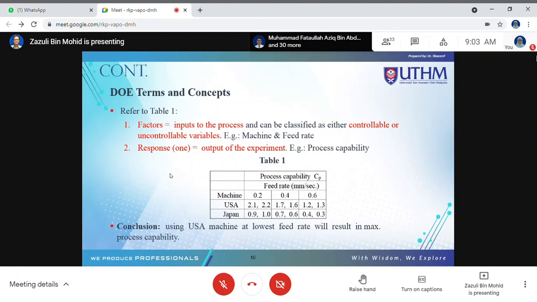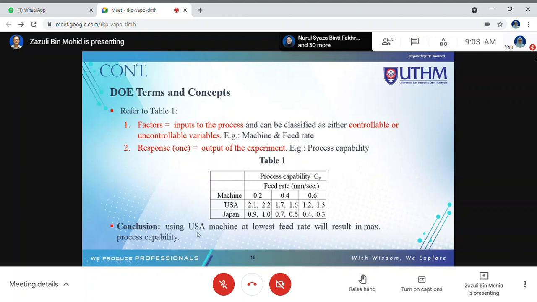It compares the USA and Japan. All of the values here are the responses. This is the factor which we call numerical. This one is not numerical.